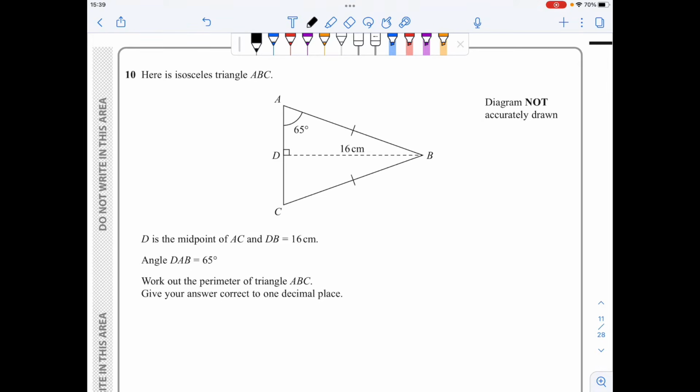In question 10, I need to find the perimeter of this triangle. Consider the upper right angle triangle, triangle ABD. Let's extract this triangle and find the sides AB and AD first.